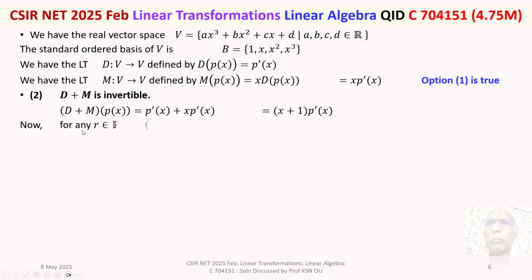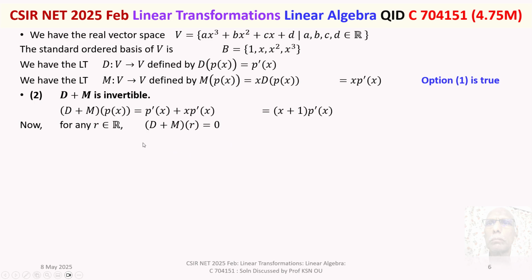Now, for any real number r, when r not equal to 0, it is a polynomial of degree 0. So, D plus M operating on r, where p of x is r, will be x plus 1 into the derivative of r. The derivative of r is constant, that is 0.